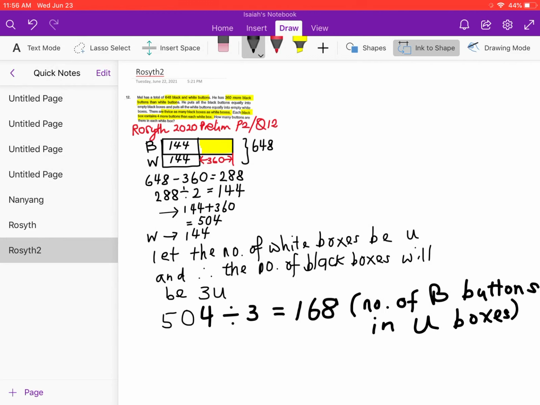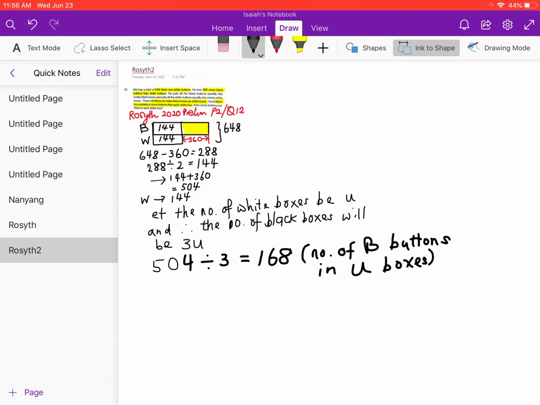Alright, so let's move on. Similarly, what about in U number of white boxes? If you look at the question, for every white box, there are 4 buttons fewer than those found in the black box.